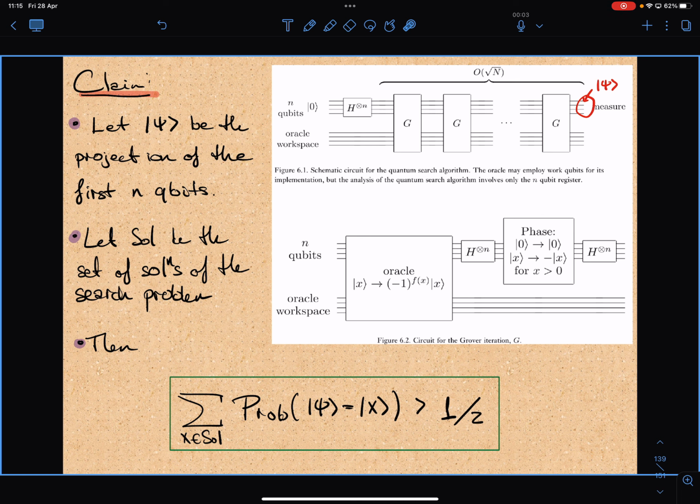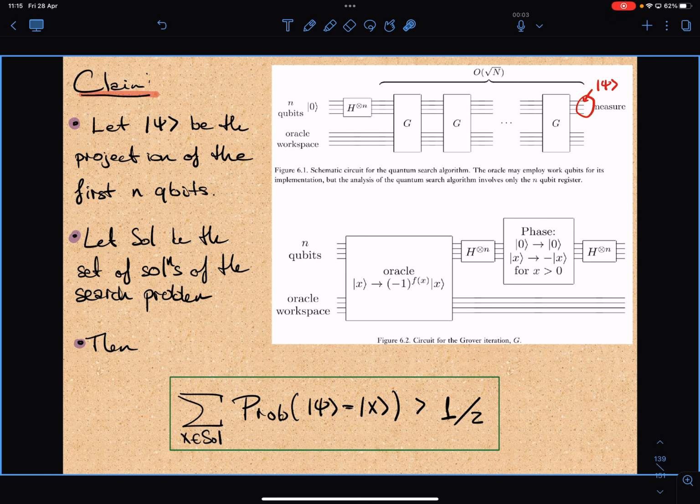And in particular, here we assume that we know the number of solutions. So you can just keep repeating the algorithm to get all the solutions.